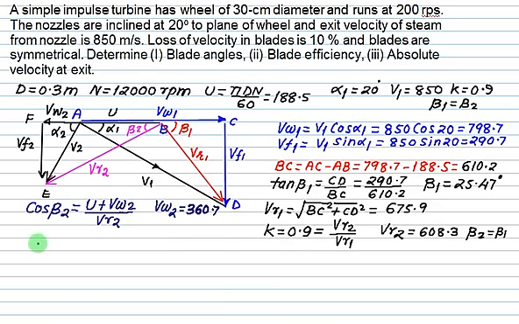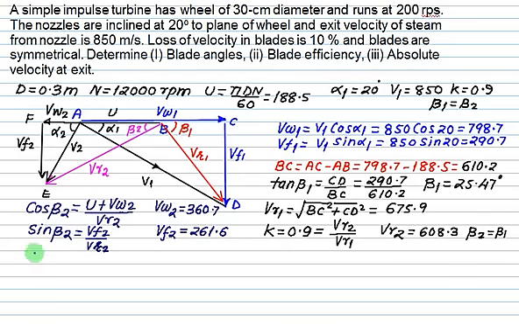Then you have to use one more, that equals what? Sin beta 2, and the value of sin beta 2 is opposite, that is Vf2, divided by VR2. So you will get the value of Vf2, 261.6.